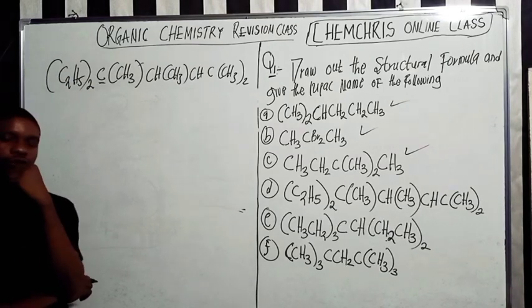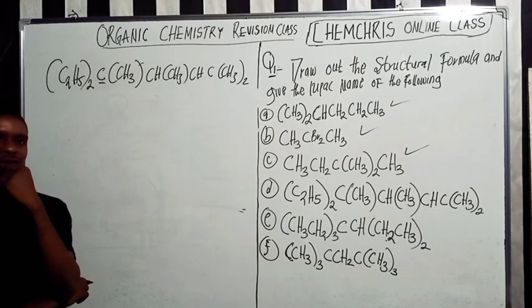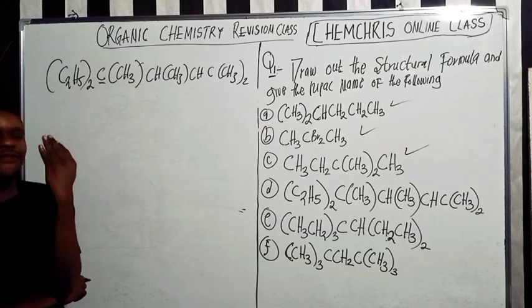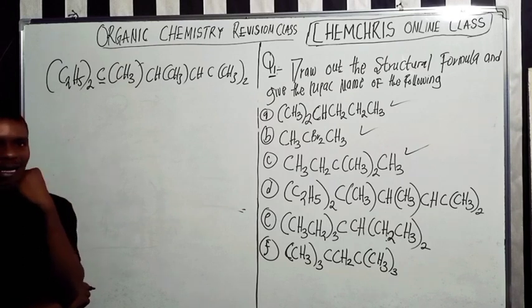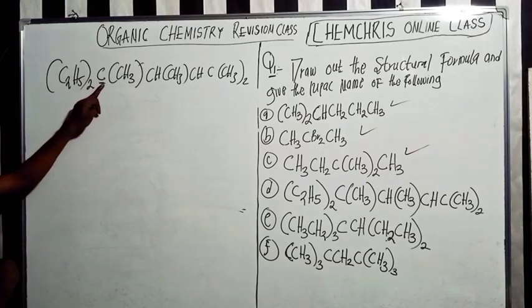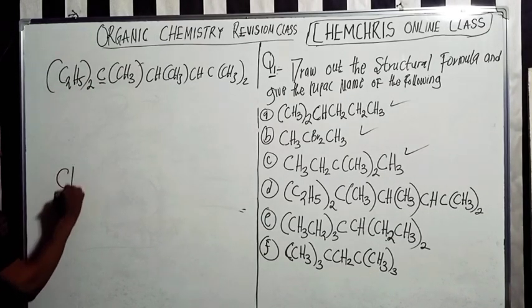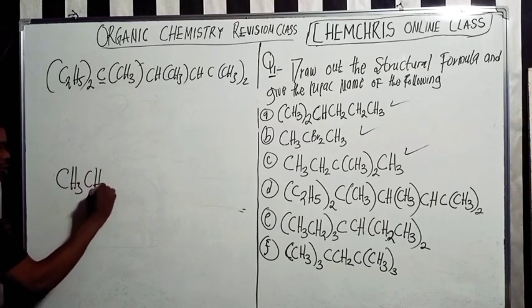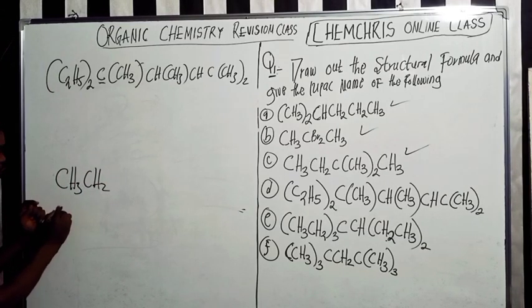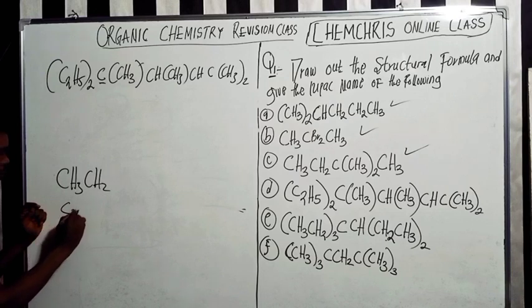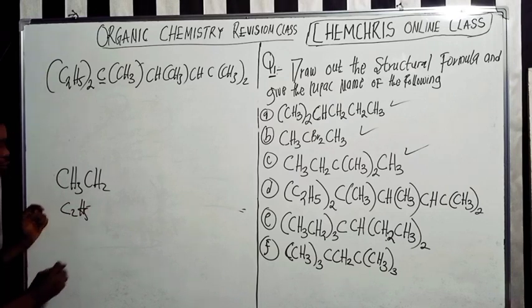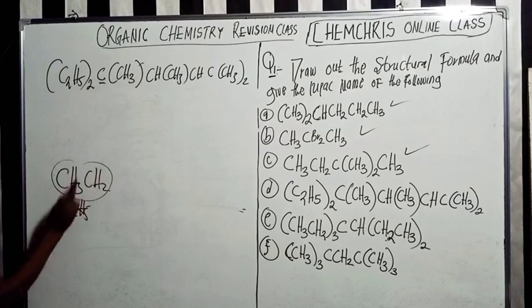Whenever you see a structure like this, it's a little bit complex to draw if you don't really have an idea of how to draw organic structures. Understand that this C2H5 is also the same as CH3CH2. That is two carbon atoms, 5 hydrogens, right? So instead of drawing it like this for you, they want to do it like this.